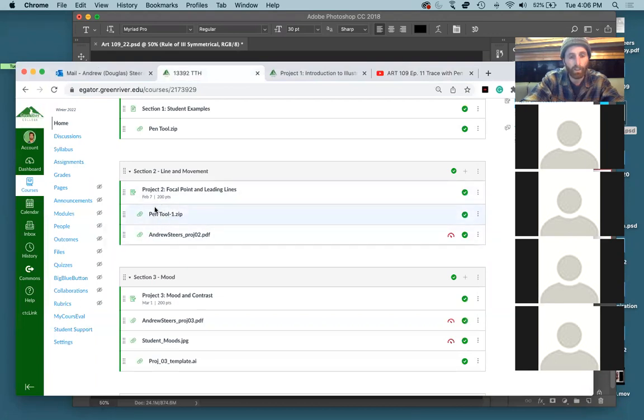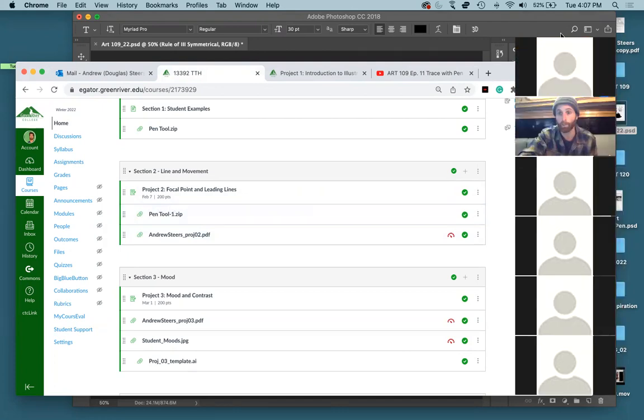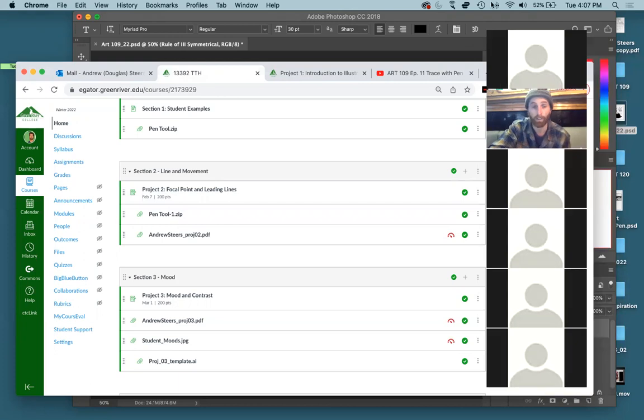So there's like 4 or 5 different files in here that you can work through with the videos. And you basically should be able to do these different worksheets really well in order to complete the next project really well. So they start out really simple and get more complicated, but it's basically tracing over different shapes with the pen tool. That's a lot of what the next project's going to do.